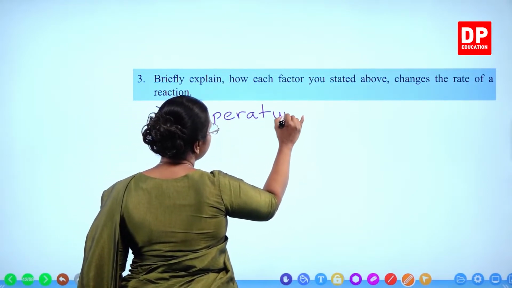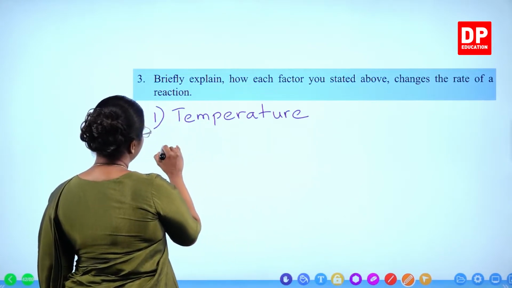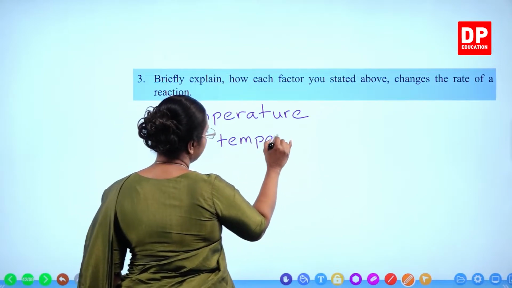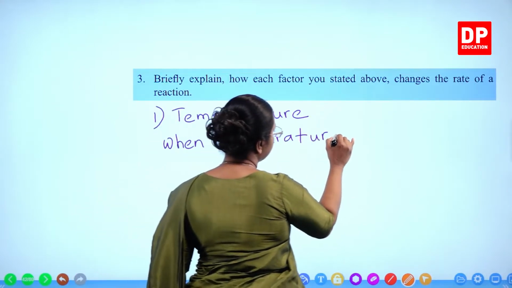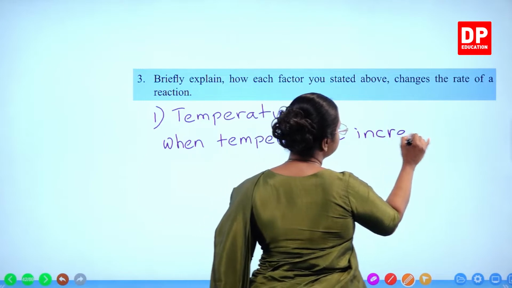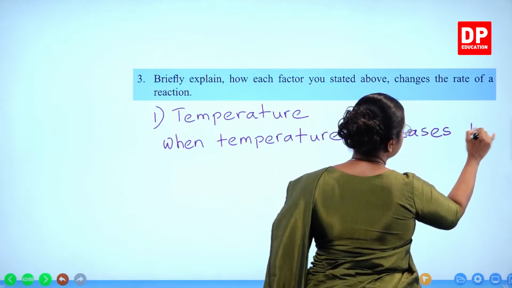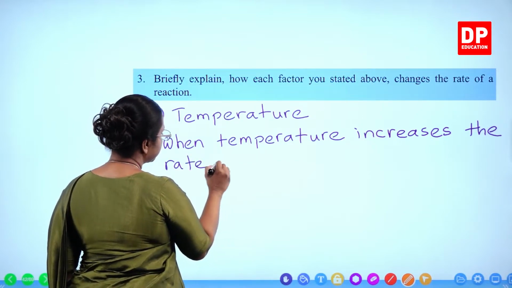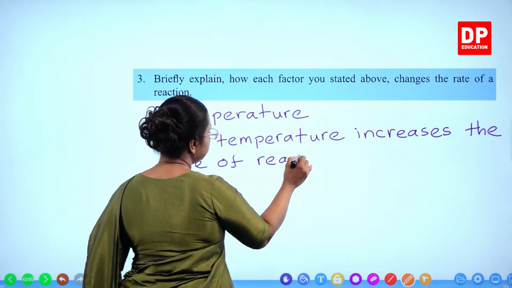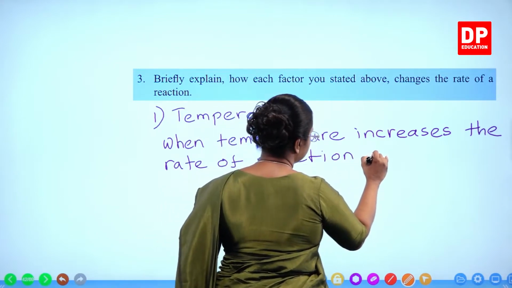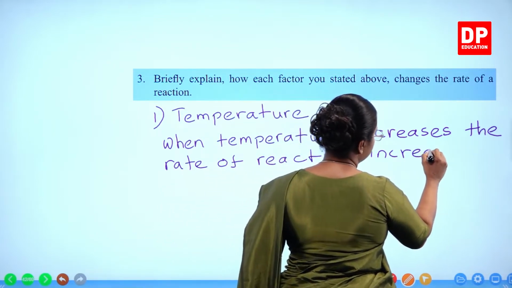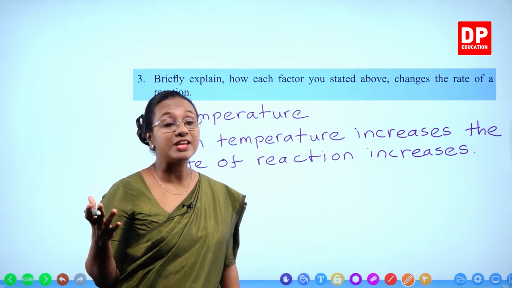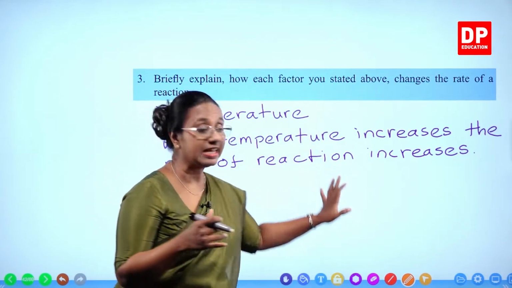Now temperature, how does it affect? When temperature increases, the rate of reaction increases. So when temperature decreases, the rate of reaction decreases. We don't have to write that again.